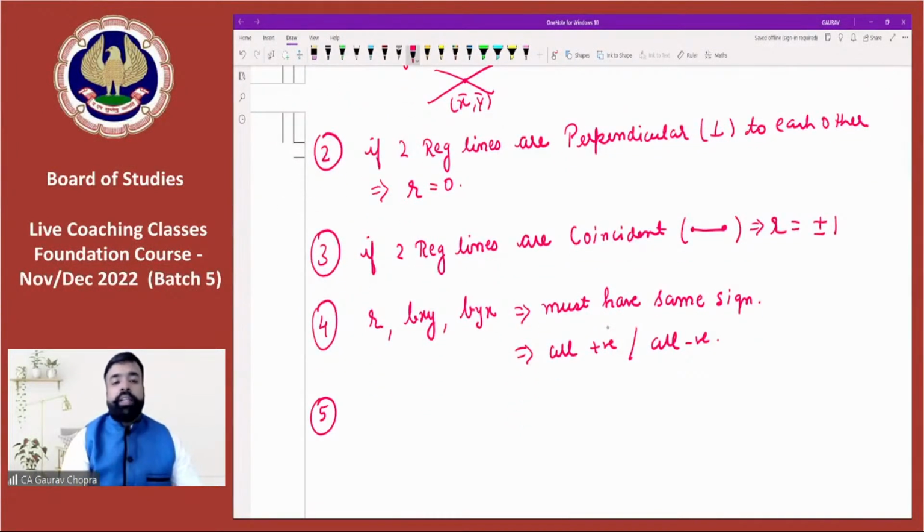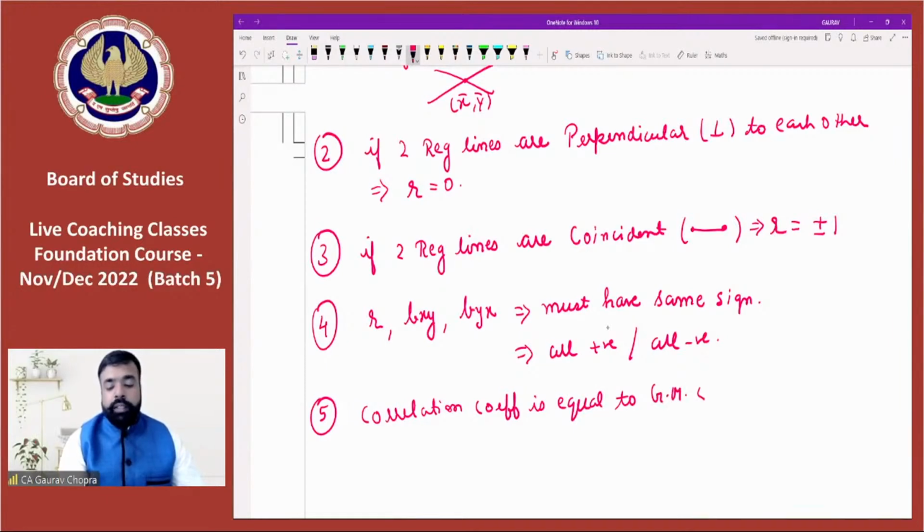And the last point we can write: the correlation coefficient is equal to the geometric mean of the regression coefficients.